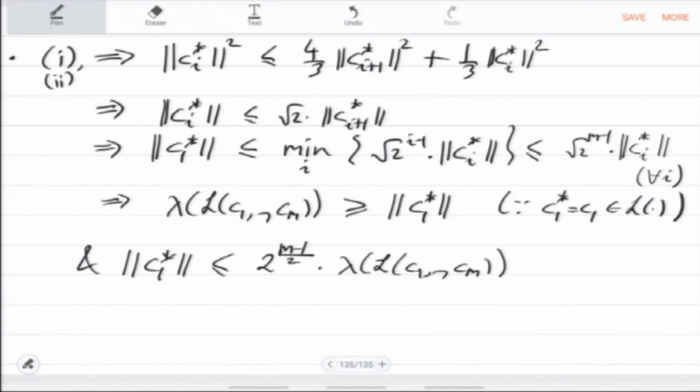Okay, this follows from the above inequality, because you know the orthogonal basis comparison of C1 star with other Ci stars. So using that, you can deduce that C1 star cannot exceed 2 raised to m minus 1 by 2 times the shortest vector, because it is unable to exceed that for any Ci star.